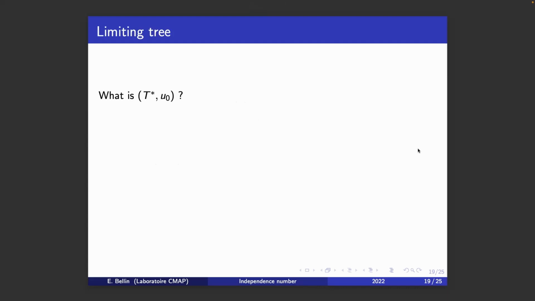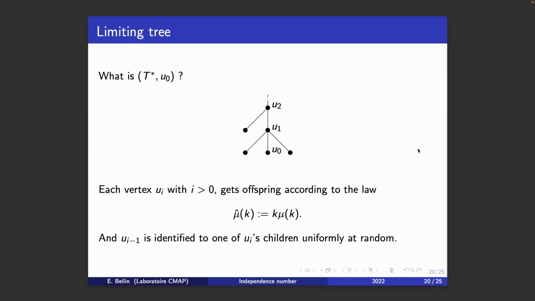So remember we want to compute the probability of u0 being red in T star. So I have no choice, I need to explain what is (T star, u0). So here we go. We start with a spine of vertices, u0, u1, and so on. And each ui, except u0, will have some children according to the law mu hat, where mu hat of k is k mu k.